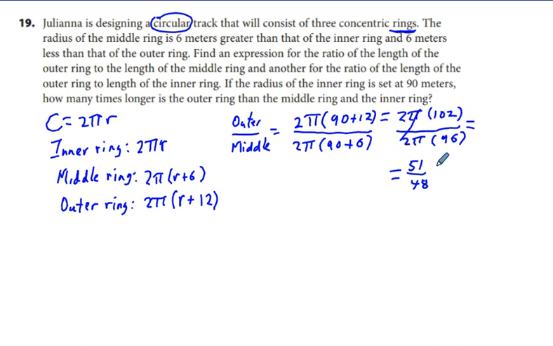That's going to be 17 divided by 16. So 17/16 is our ratio here. That will be our outer to middle, and now we're going to have our outer to inner.